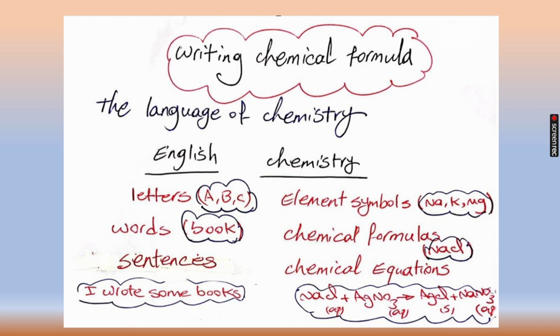For example, NaCl plus AgNO3 gives AgCl plus NaNO3. But today we want to talk about chemical formulas, such as words in English.